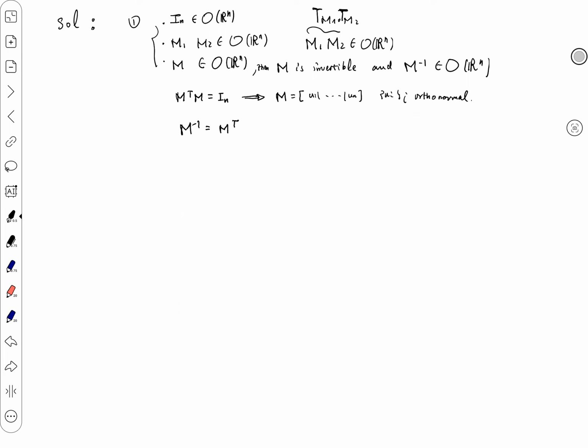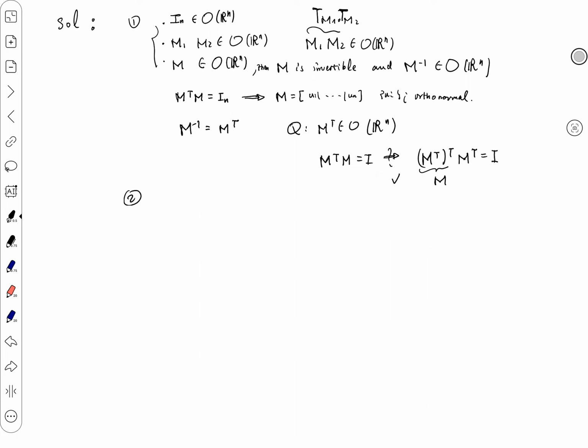And so we're left to check whether the transpose is in O(n), but this is just direct computation because M transpose M equals I_n, and taking transpose on both sides, what you want to check is M transpose times the transpose of M transpose equals I. But this is the case because M is invertible with its inverse M transpose.